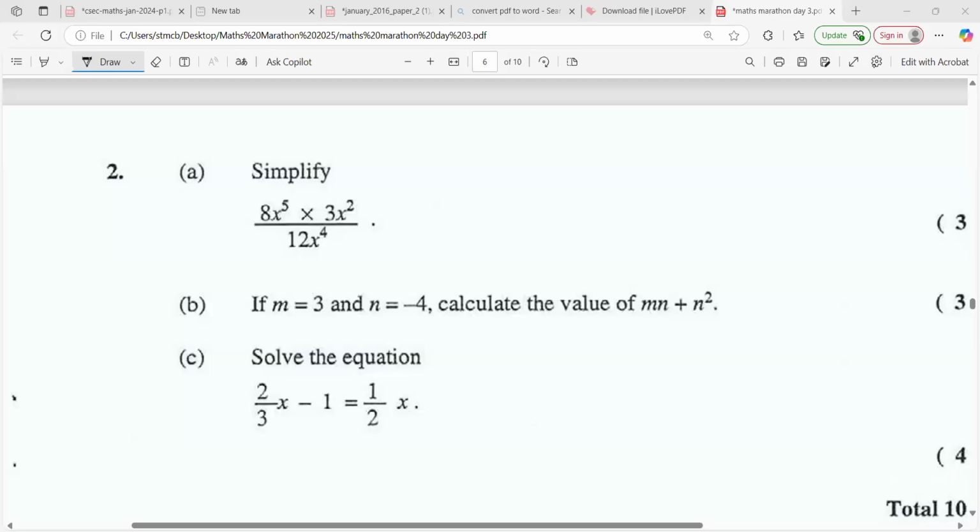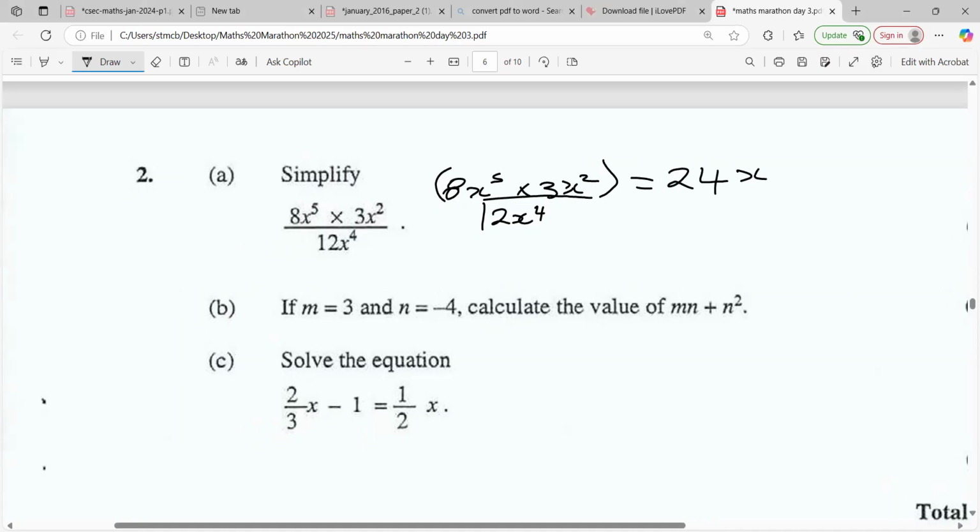All right, so it's simplify 8x to the 5th. I think I'm going to write it for myself. So 8x to the 5th multiplied by 3x squared, divided by 12x to the 4th. We can either cancel, but let's just work it generally, multiply. 8 times 3, 24.